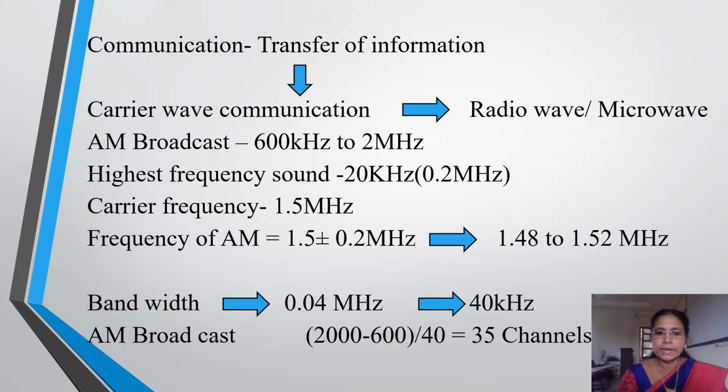So if we select the amplitude modulated way of transfer of these waves, then in this AM broadcast, the difference between maximum and minimum, 2000 kilohertz minus 600 kilohertz, divided by 40 kilohertz, that is the bandwidth needed for sending one carrier wave. So it is equal to about 35 channels. So in this entire range, we can send only 35 channels.